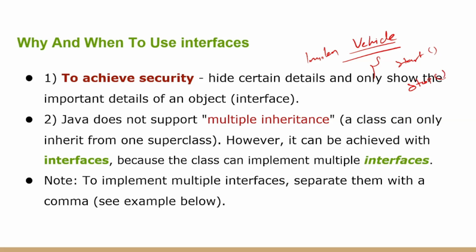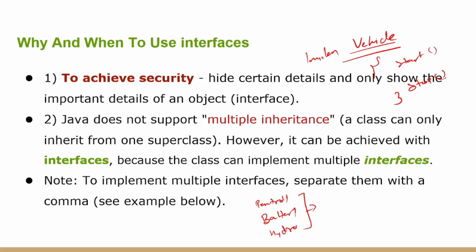Suppose nowadays a car may have a petrol engine, or it may be a battery EV vehicle, or nowadays cars are also going hydrogen. Starting and stopping is common to all cars, but internally how it happens is different.